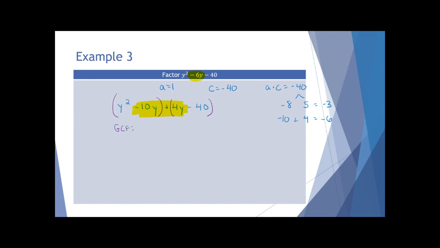In the first pairing, I can factor out a y. In the second pairing, I can factor out a 4. When I factor that out, I'm going to write each step here, dividing each term by the greatest common factor.